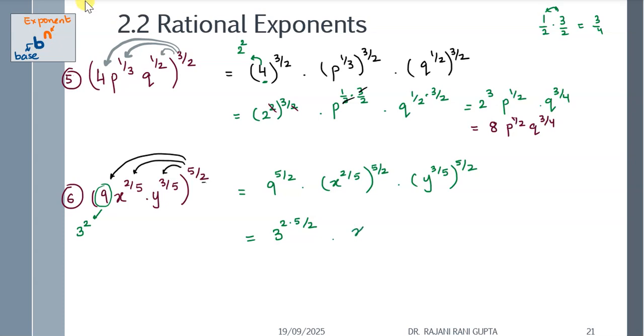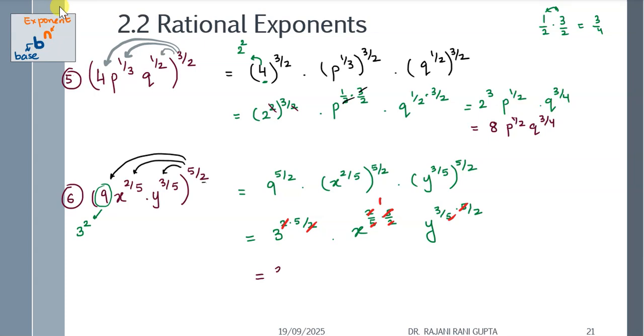This you multiply. So 2 over 5 times 5 over 2. And y 3 over 5 times 5 over 2. Cancelling what you can cancel from numerator and denominator. Here 2, here 2 and 5 both. Here only 5. So when all cancel, you are left with only 1 with the second term.